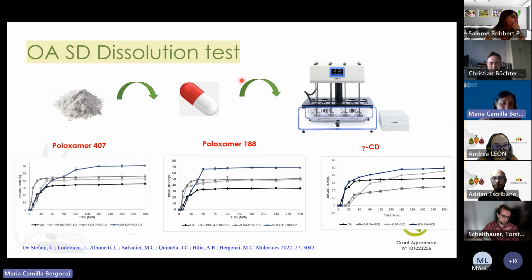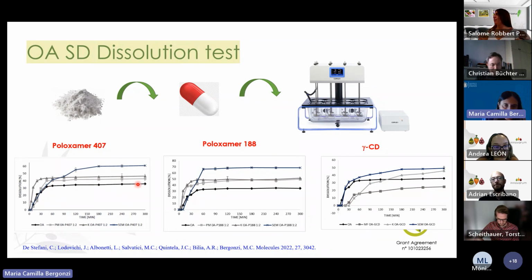Considering a possible market application, we insert the solid dispersion in a hard gelatin capsule and we perform the dissolution test. We show you the results of the 3 polymers selected to improve the biopharmaceutical characteristics of oleanoic acid, and in all cases we have an improvement of the dissolution profiles of oleanoic acid.